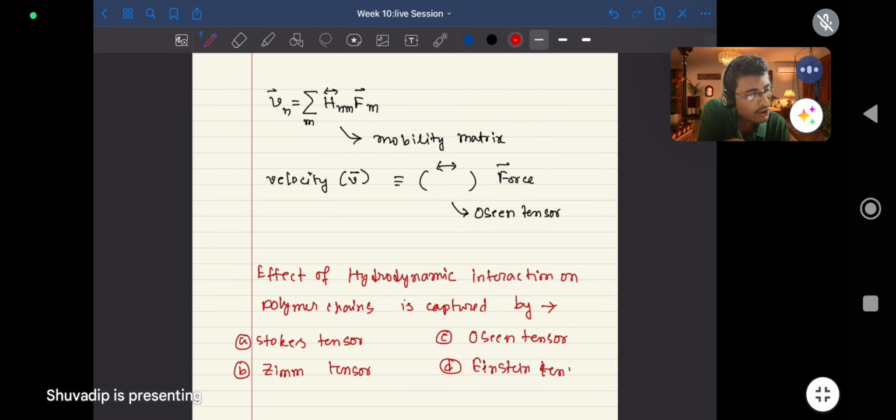So here clearly the correct option should be the Oseen tensor, which is relating the velocity to force in case hydrodynamic interaction is present in the system, right? Okay.